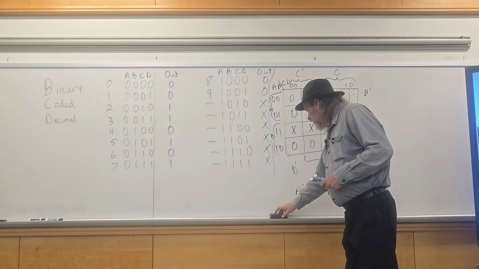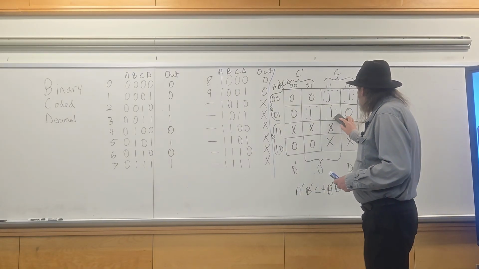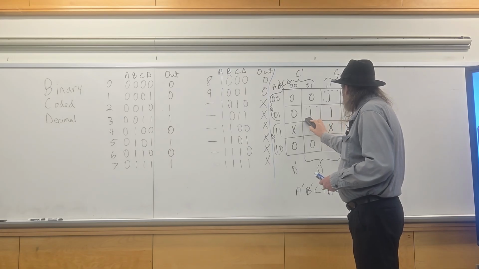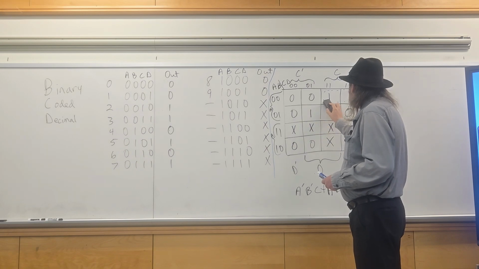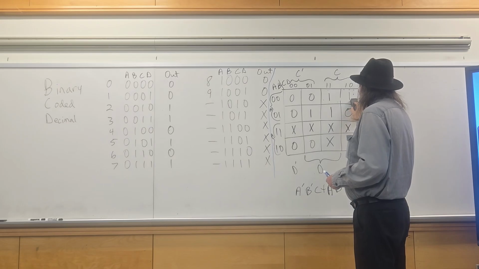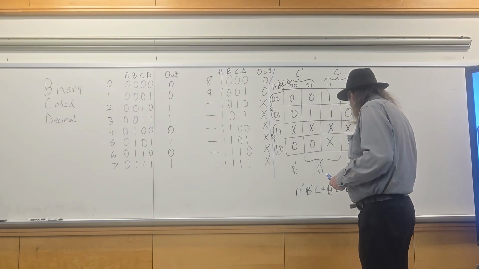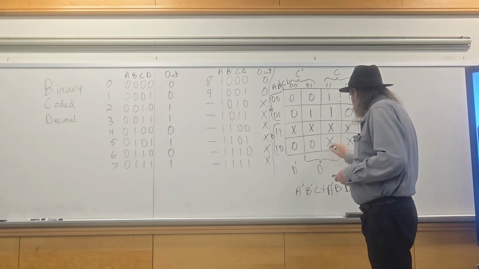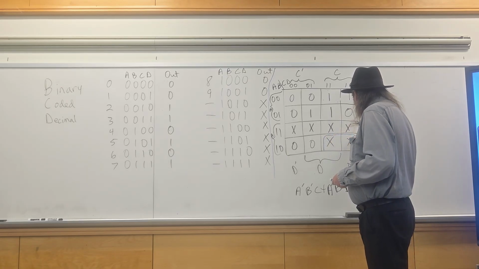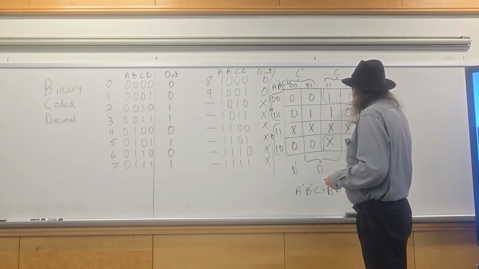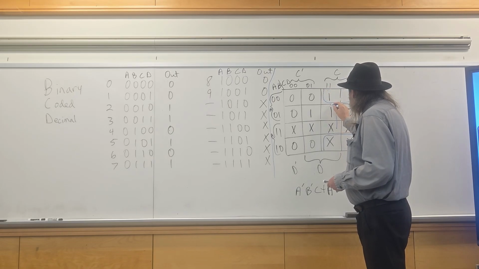But with the X's there, you can make it a little bit more simple. You can make groups of 4, 2 groups of 4, 1 group here, and 1 group here.